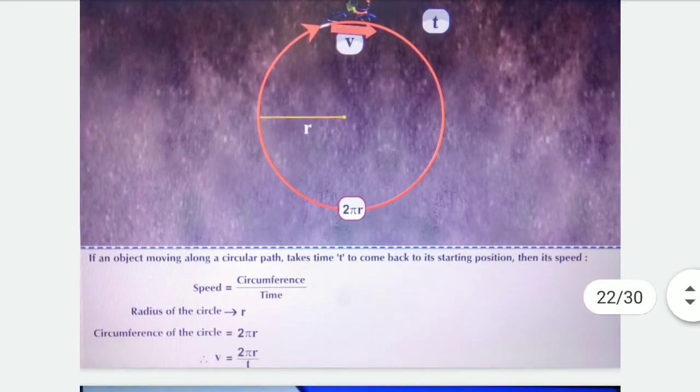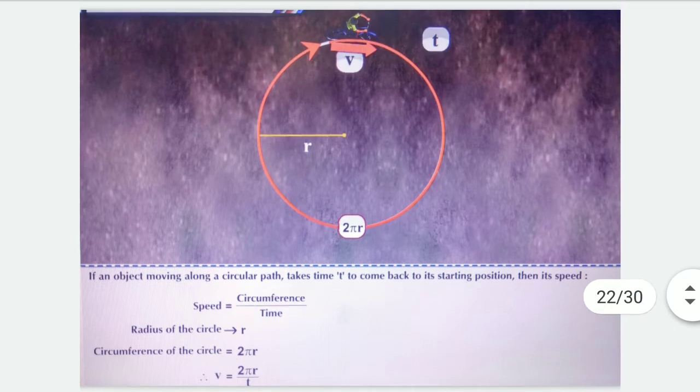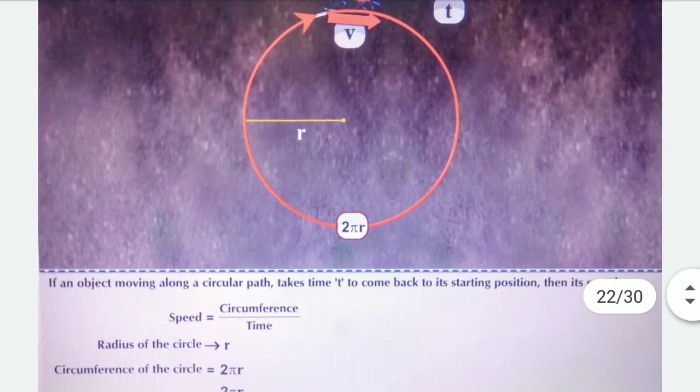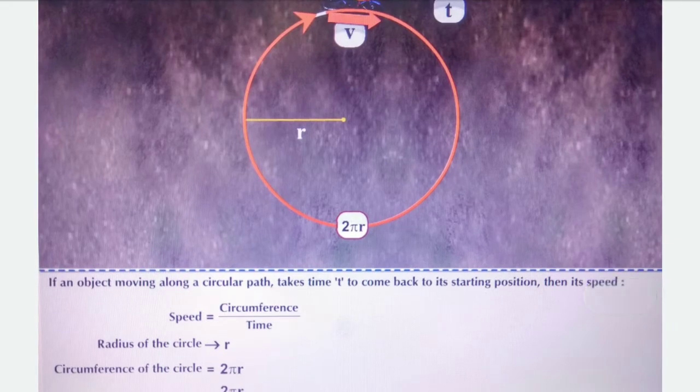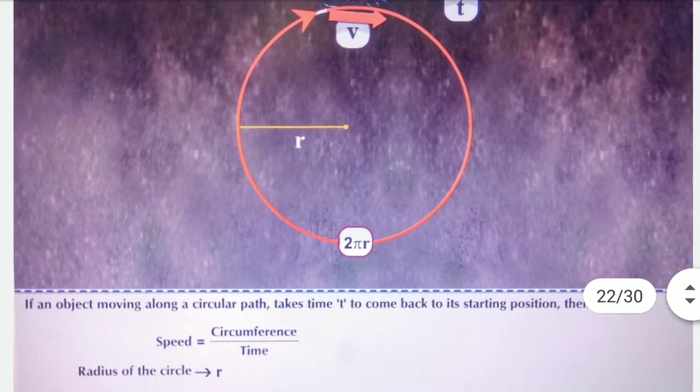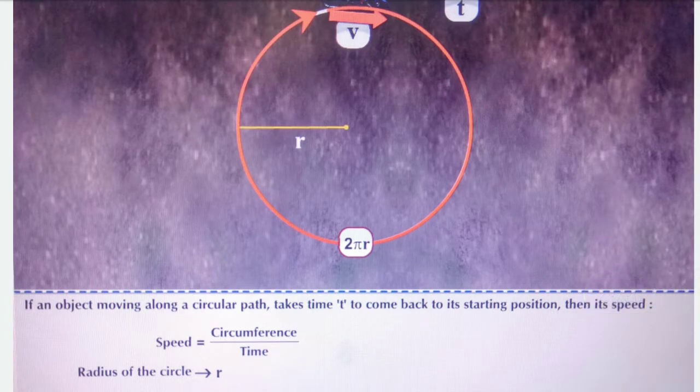Now observe the PPT. Here, an object is moving along a circular path of radius r, and takes time t to come back to its starting position.